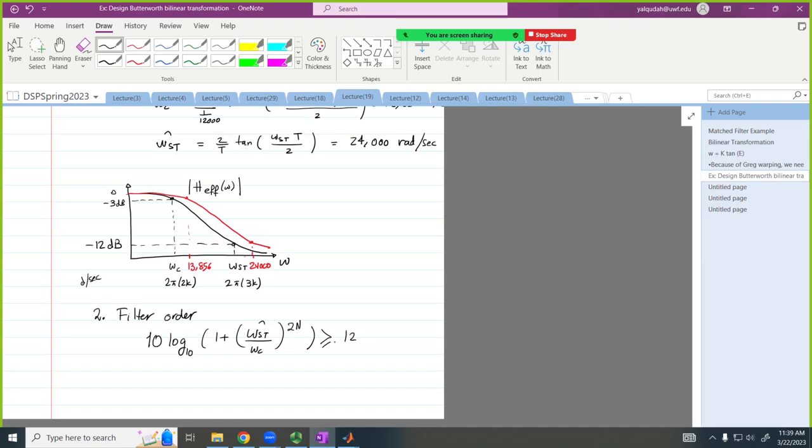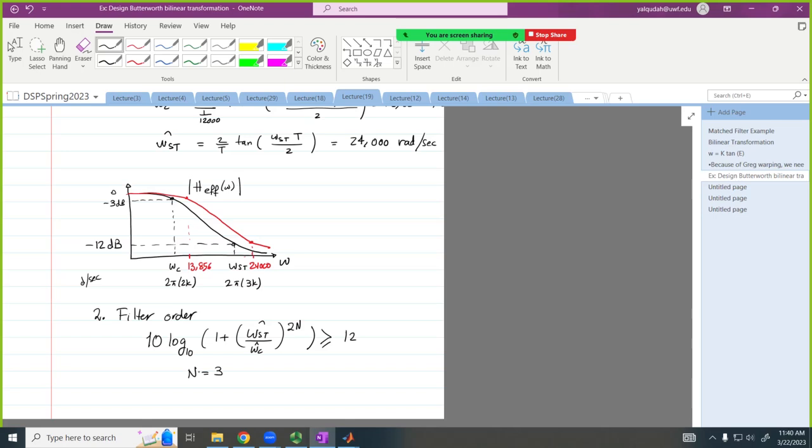They're both hat, yeah. And therefore, n is going to equal 3. So it has to be a third order filter. N is equal to 3. Okay. What is the next step?